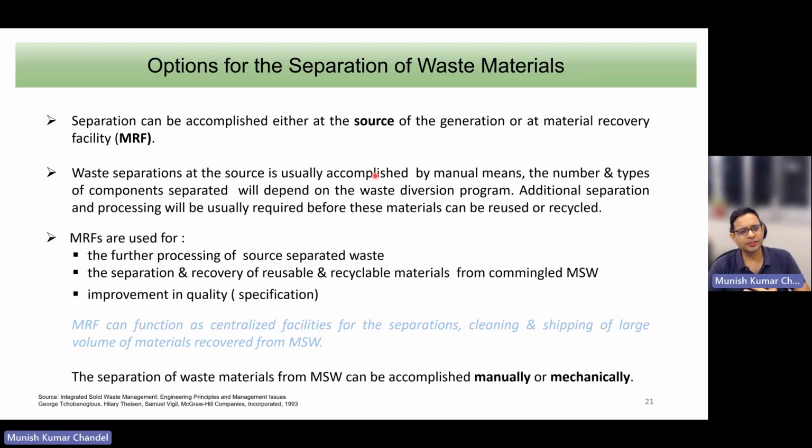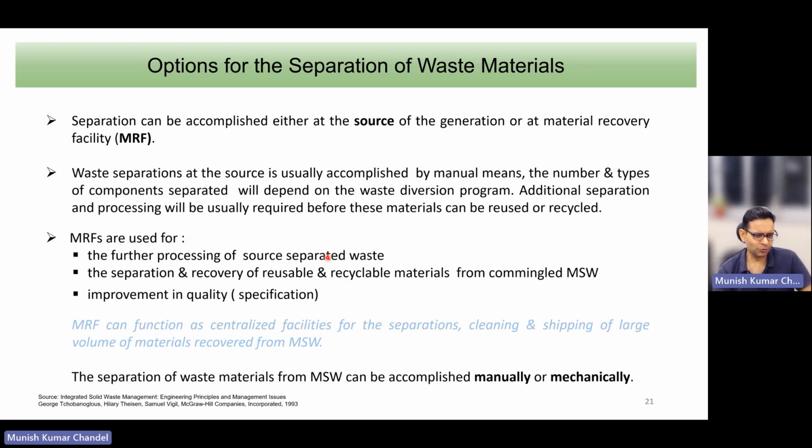When we are doing this separation at the source level, we mostly do it manually. That means some people will be doing it. At a material recovery facility, we can use a combination of manual as well as mechanical methods, which we talked about in the previous slides. And these MRFs are used for further processing of source separated waste.